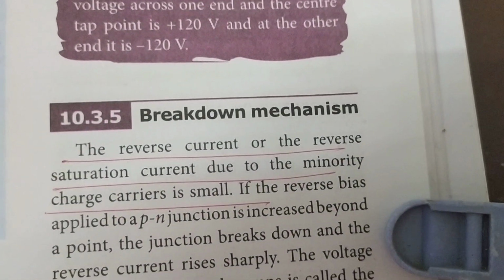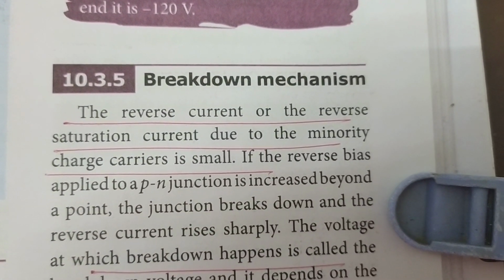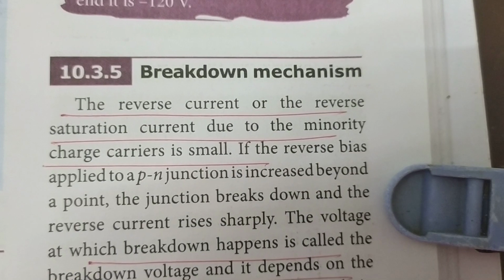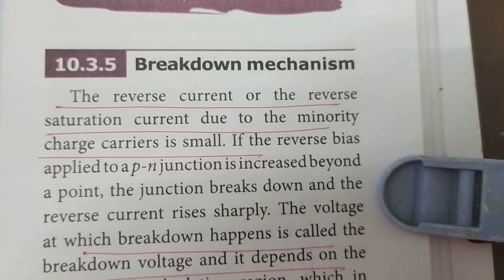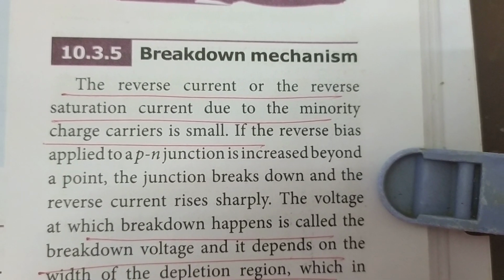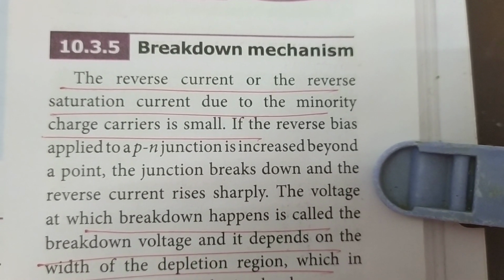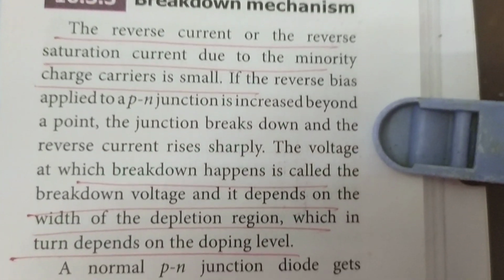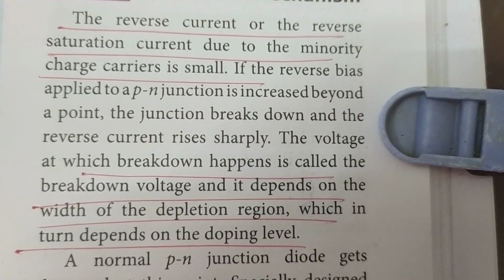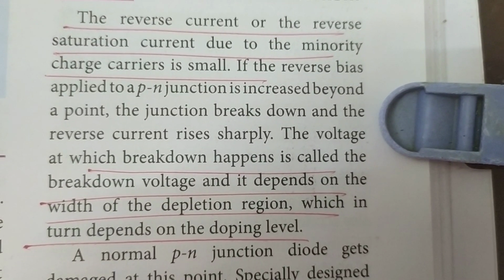And next we are going to see about breakdown mechanism. When you see the reverse characteristic, the reverse saturation current due to the minority charge carriers is very small. When the reverse bias applied is increased beyond a certain value, the junction breaks down. The breakdown depends upon the width of the depletion region, which in turn depends on the doping level.